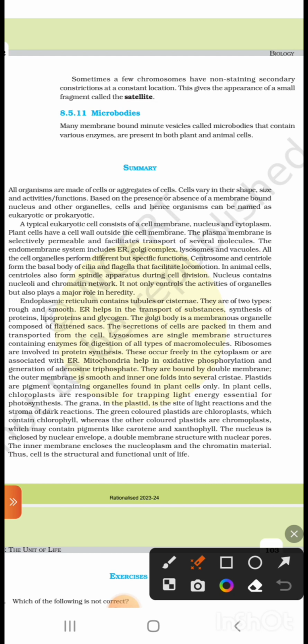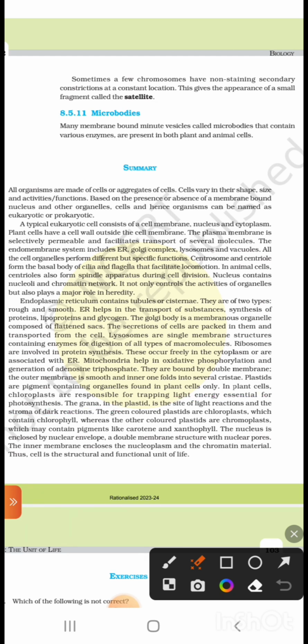These occur freely in the cytoplasm or are associated with the endoplasmic reticulum. Mitochondria help in oxidative phosphorylation and generation of adenosine triphosphate. They are bound by a double membrane. Plastids are pigment-containing organelles found in plant cells only. In plant cells, chloroplasts are responsible for trapping light energy for photosynthesis.